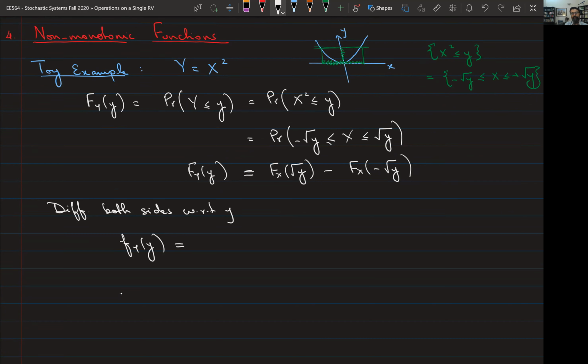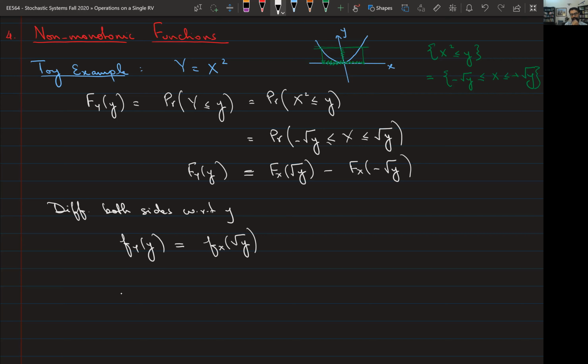Right-hand side, if I differentiate this, Ali, what will I get? Right, so it's going to be actually the derivative of root y.